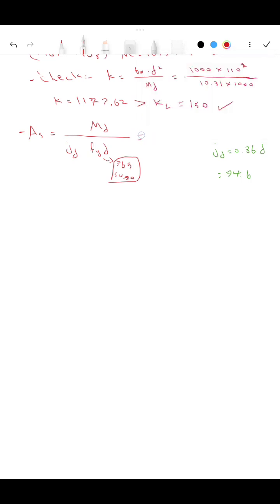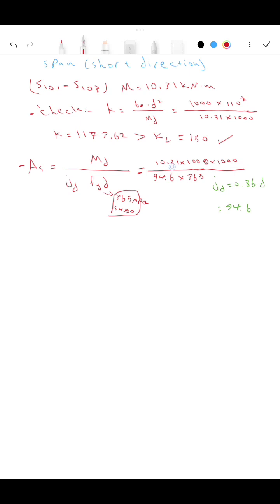let's calculate the moment. The moment equals, okay, first of all, the moment 10.31, we will convert it into kilonewton times millimeter, so times 1000 two times, divided by JD which is 94.6 times 365. Why? Because 365 here is in megapascal, which is Newton divided by millimeter square. And the moment is kilonewton times meter.